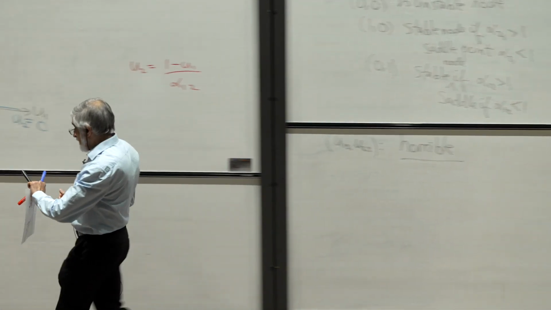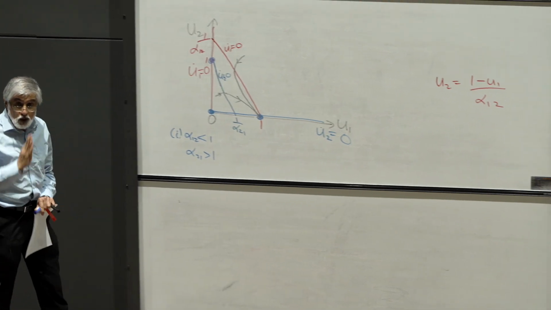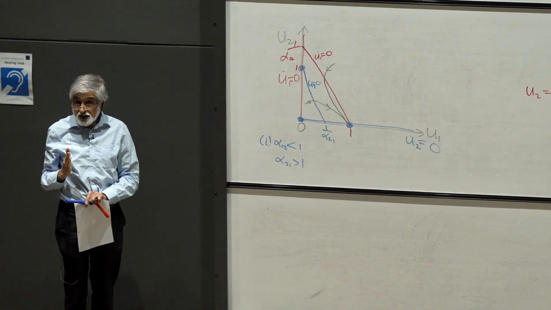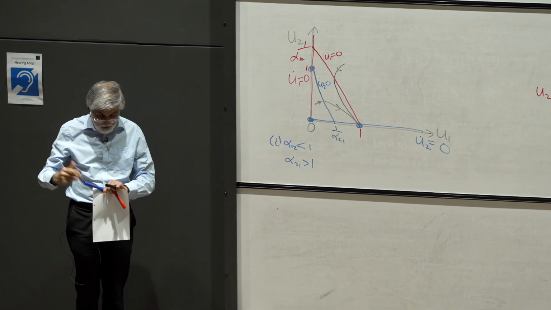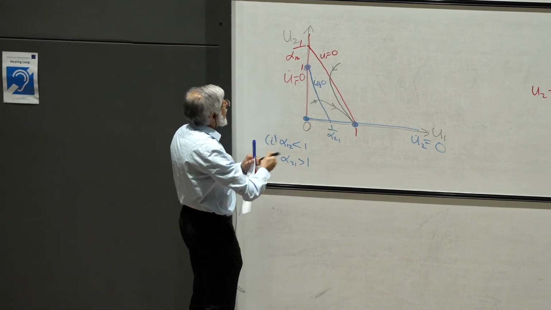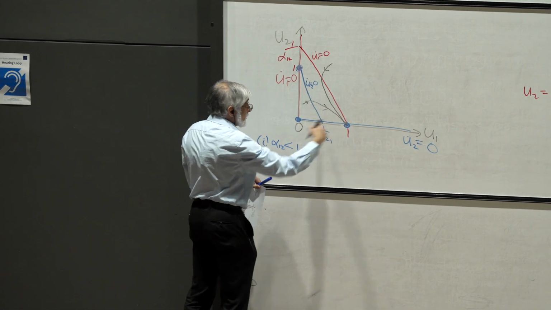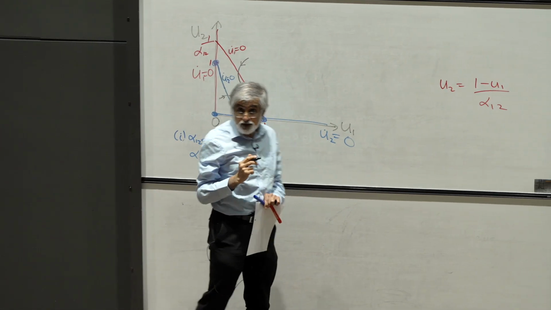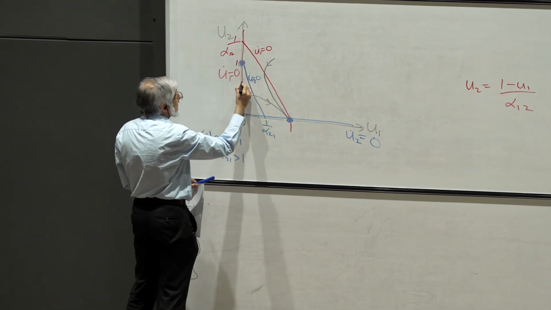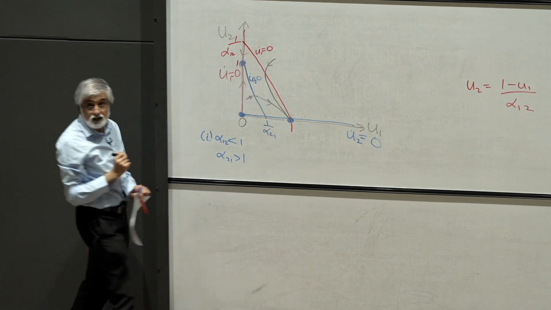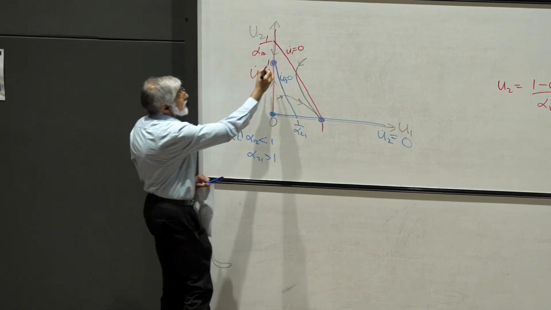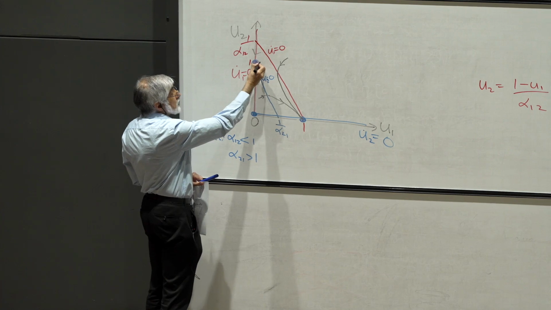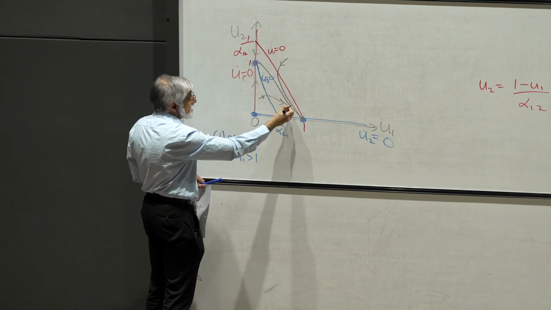And remember, a saddle has one direction that's stable, another direction that's unstable. So for example, if U1 was 0, then we just have logistic growth for U2. So we would go like this or like this. But if we started here, we would go down like this.